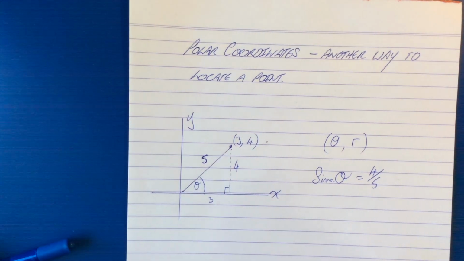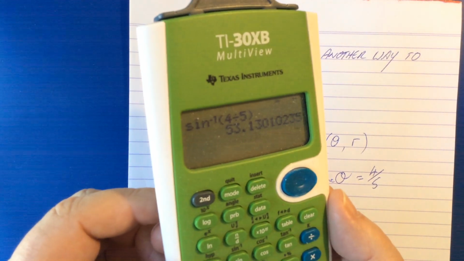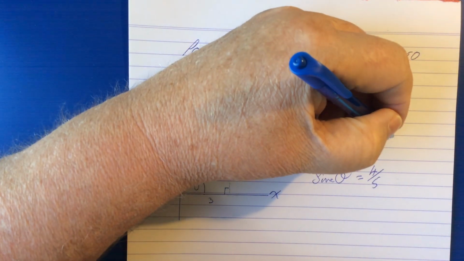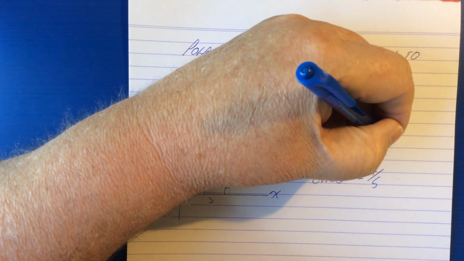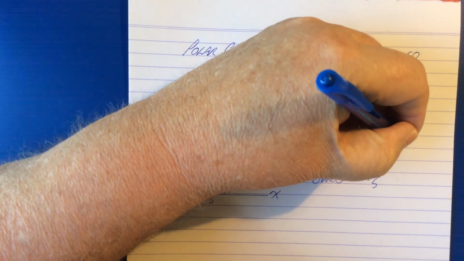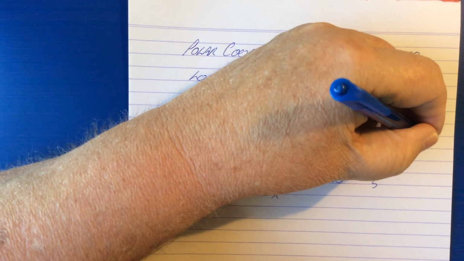And from that, we can get our angle. So, let's just get the calculator out and find out what that is. And there we have it, 53.13 degrees. So our polar coordinate for this is 53.13, 5.